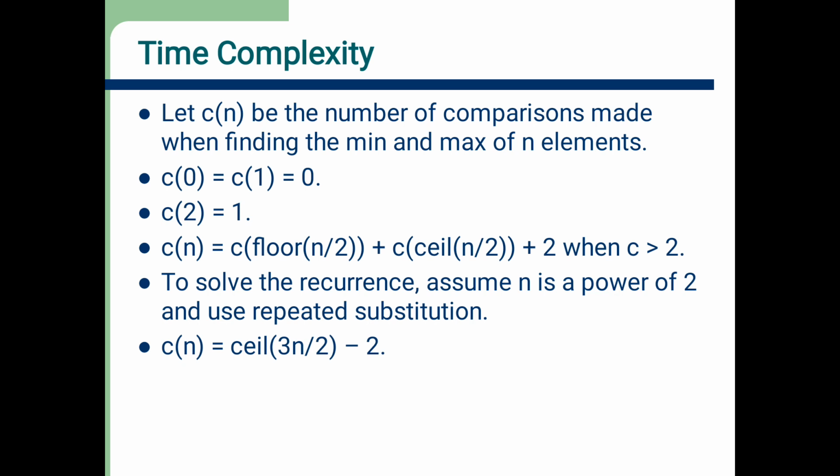C of 0 equals C of 1 equals 0, C of 2 equals 1, and C of n equals C of floor n by 2 plus C of ceiling n by 2 plus 2, where n is greater than 2. To solve the recurrence, assume n is a power of 2, and C of n equals ceiling of 3n by 2. This is the time complexity for the min and max problem.